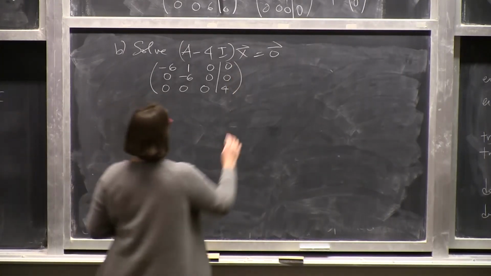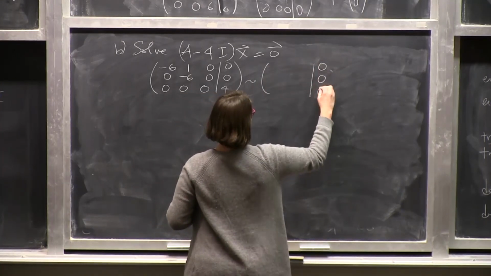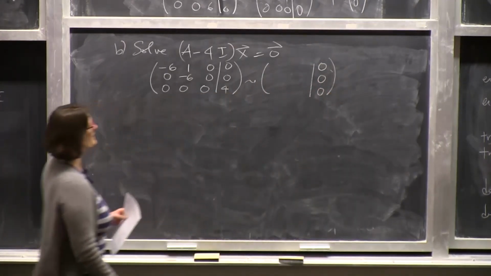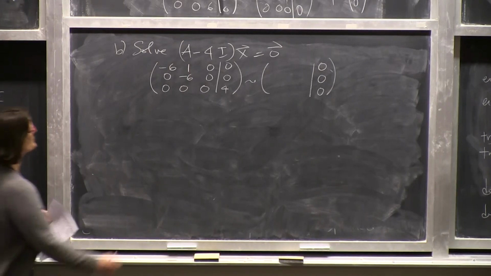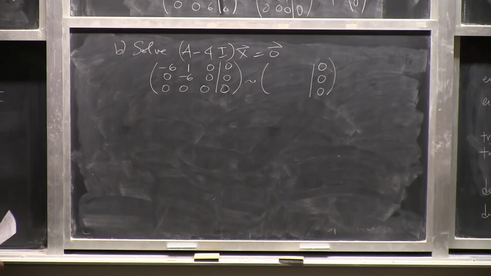Okay, again, you're in good shape. You've been studying hard. You're well rested. You've eaten, by definition. Okay, what is the reduced row echelon form?